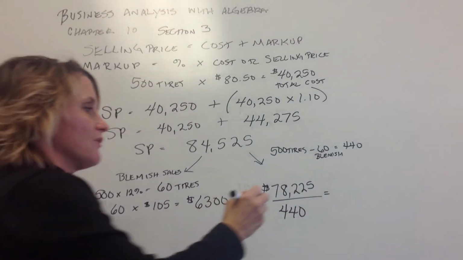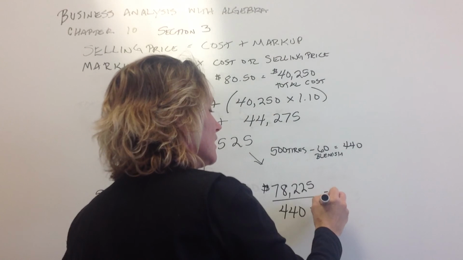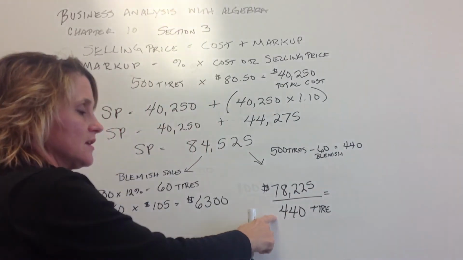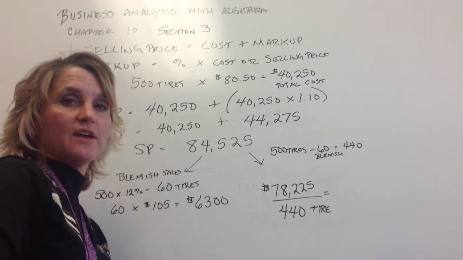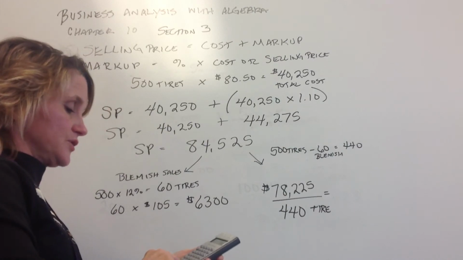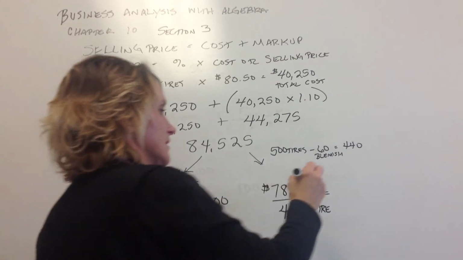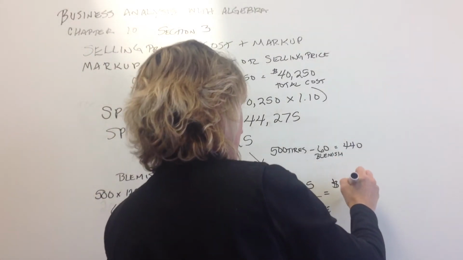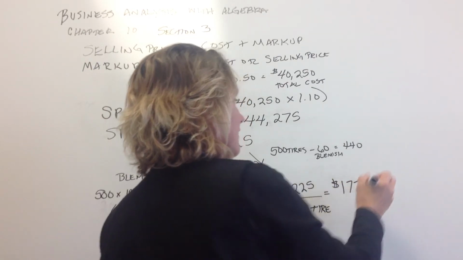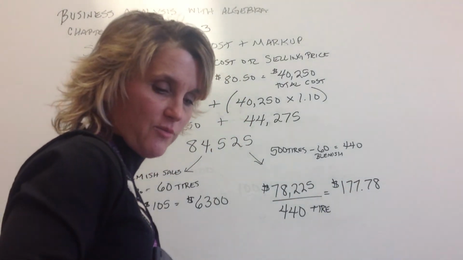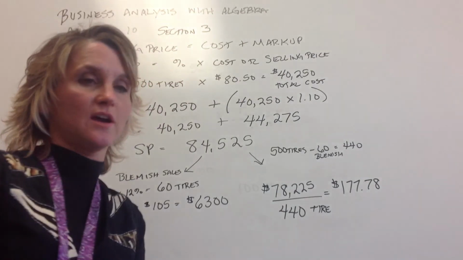So then they're going to have 440 good tires to make their $78,225. So then I will divide it by that. So $177.78 is how much they're going to have to sell the good tires for.